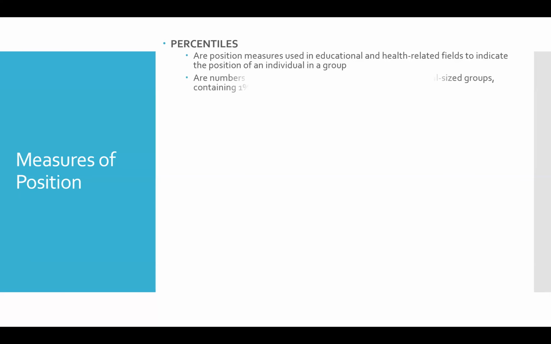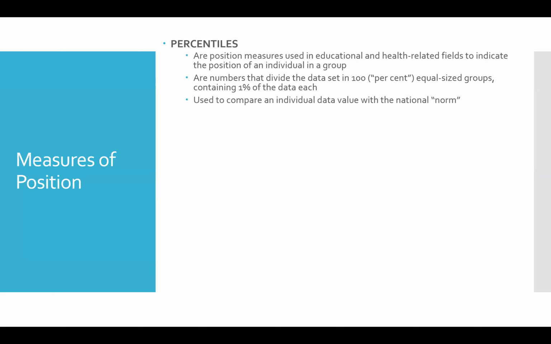With a percentile, it divides our data into 100 equally sized groups, and each group contains 1% of the data. So the percentile rank is a way to compare an individual to what we consider the national norm, or to the population. We compare your score to everybody else that took the test, or we can compare one data value to all of the data values.